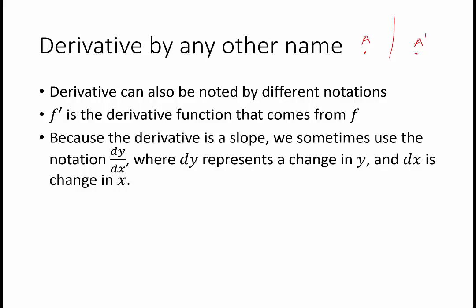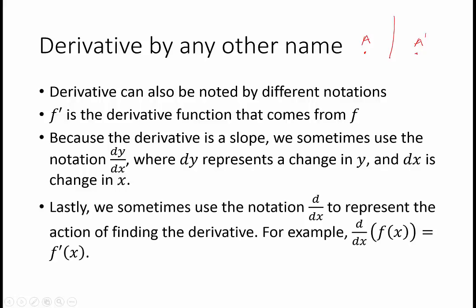Another thing that we might be talking about, though, is because this is a rise over run situation, because it's a slope, we may use the notation dy over dx, where dy represents a change in y, like a delta y, and then dx is a change in x.